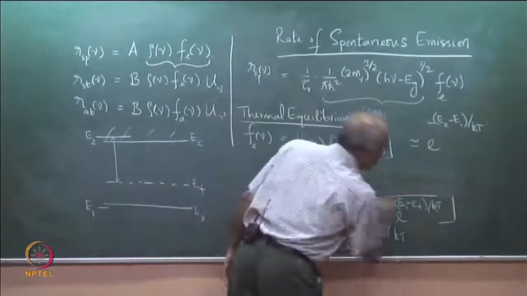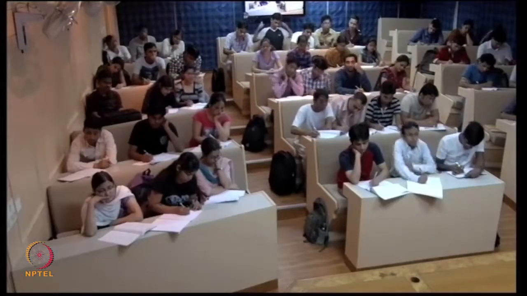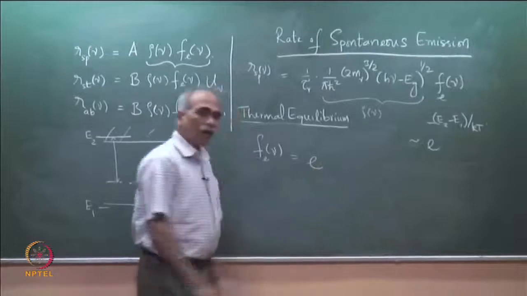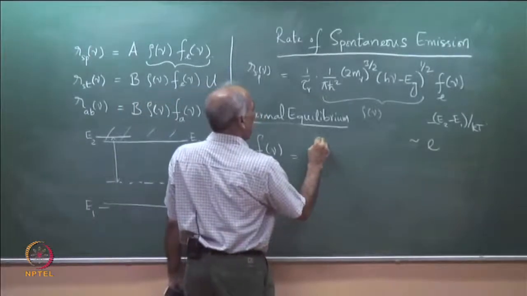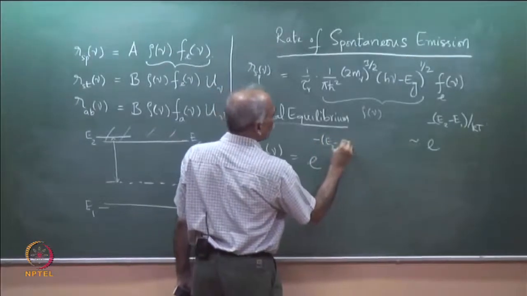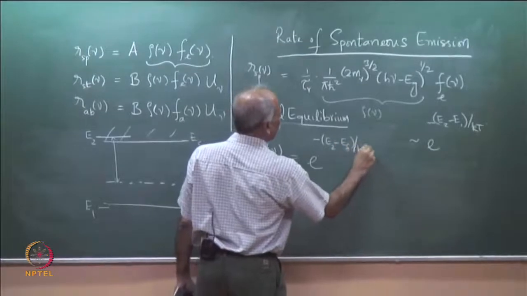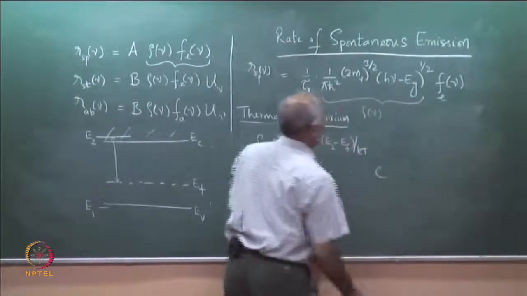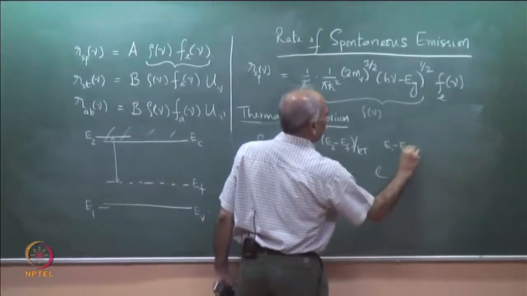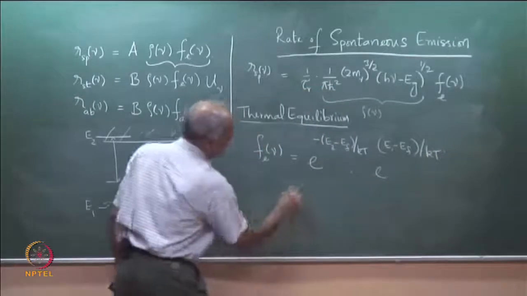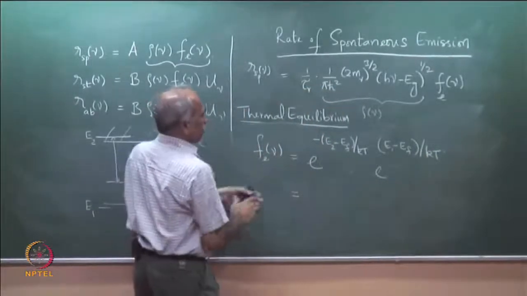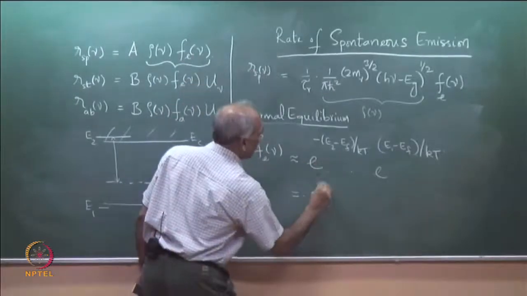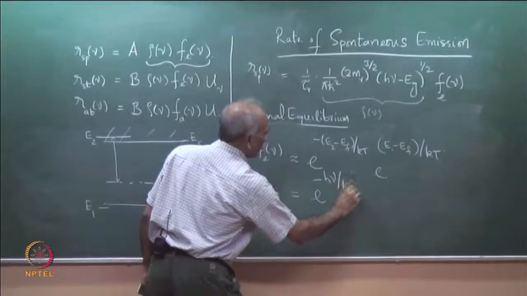So, what we have got is F_E of nu equal to e to the power minus (E2 minus EF) by kT into e to the power (E1 minus EF) by kT, which, because I have made the Boltzmann approximation here, EF goes off, and we have e to the power minus h nu by kT.